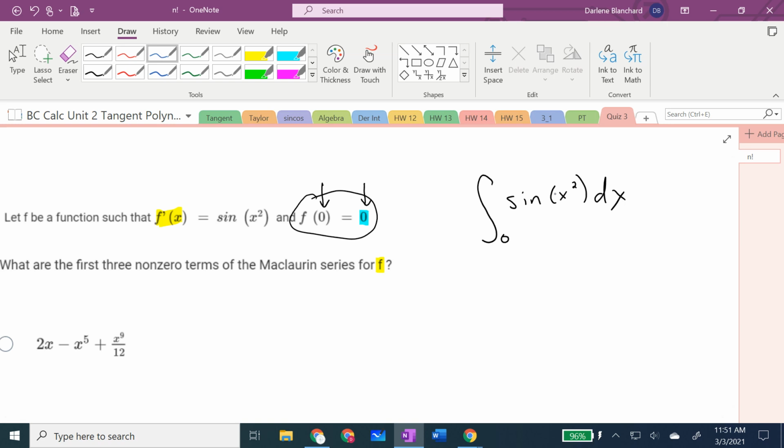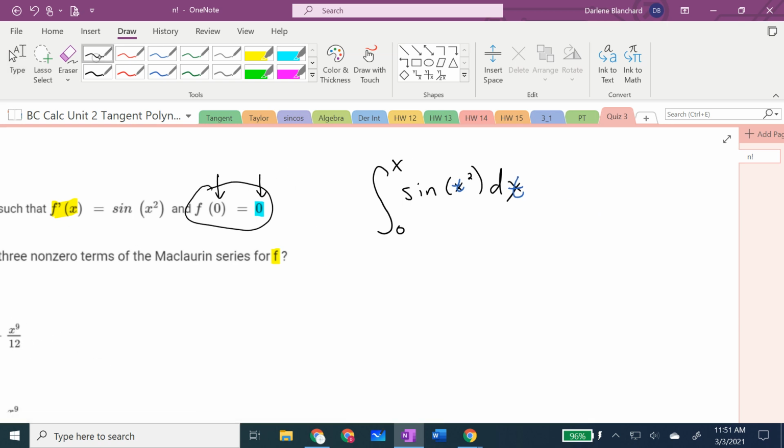But to do that, I'm going to change this to a t and then go to x. And now I'm going to look at how do I go through that integration process, starting with the known function. So I know sine x, and I'll write the first few terms.